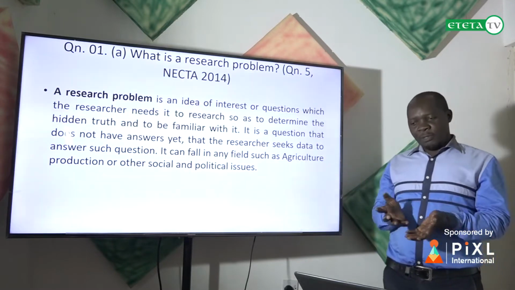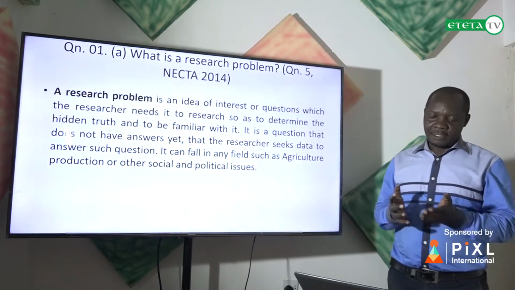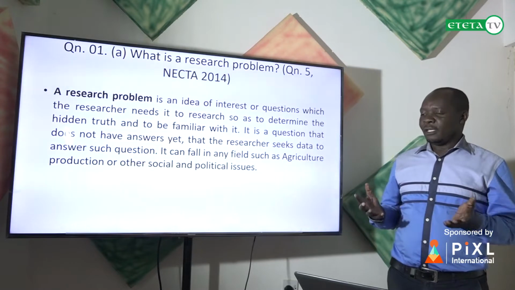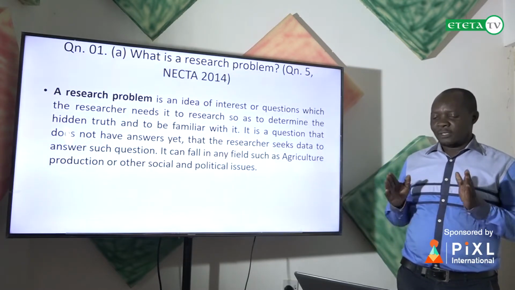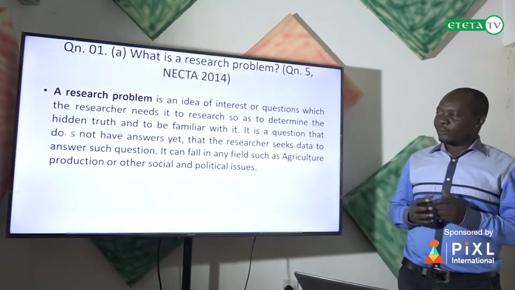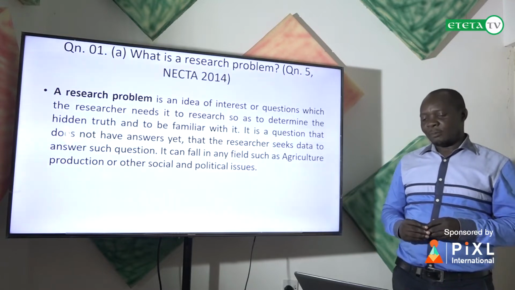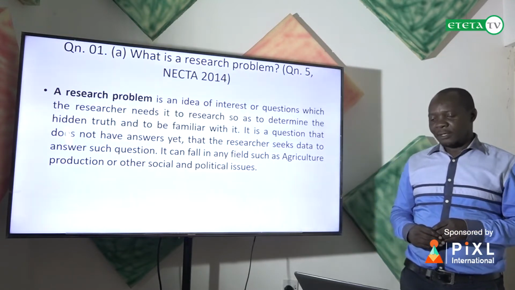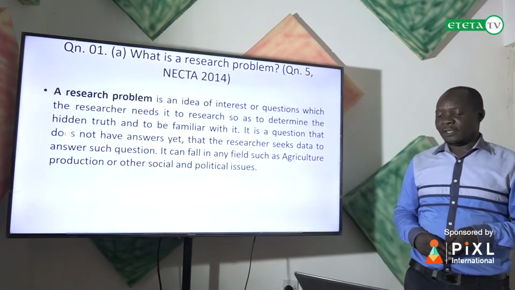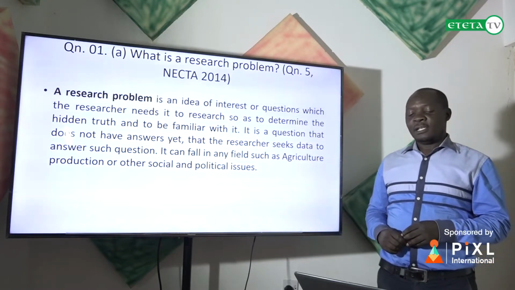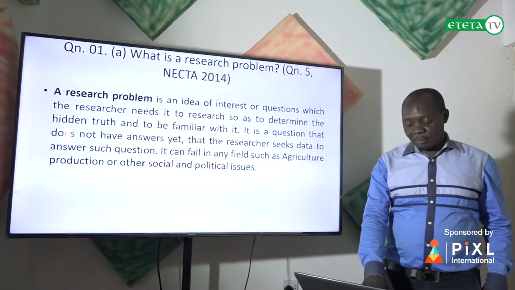That means it is a problem, therefore the researcher has to look for information that can give answers for that particular problem. The focus is collecting information, then getting knowledge about that problem, then you become familiar with the idea. So it is a question that does not have answers yet, that the researcher seeks data in order to answer. This is what we call a research problem.